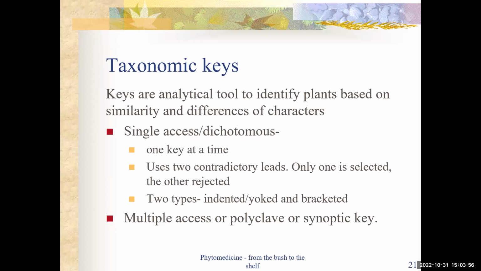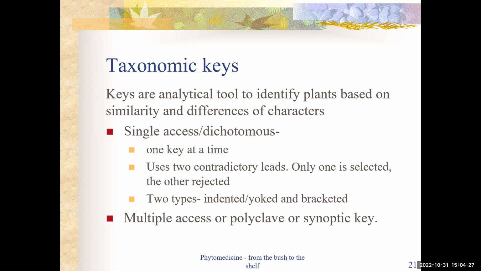But multiple access keys are becoming popular because you can computerize them. You can put like three or four different characters. Like the one that we just put before, does it have round flowers with compound leaves and blue flowers or something like that. So you can put several characters and then it gives you the name of the plant.